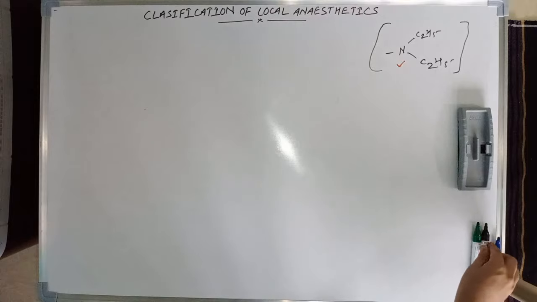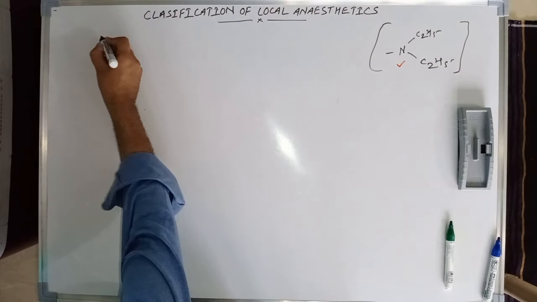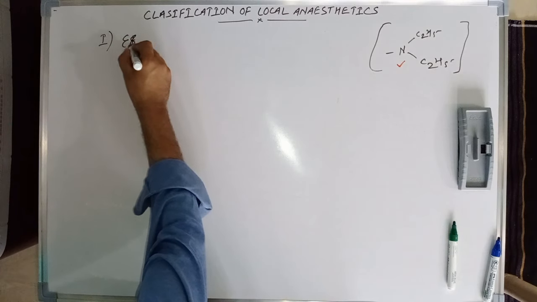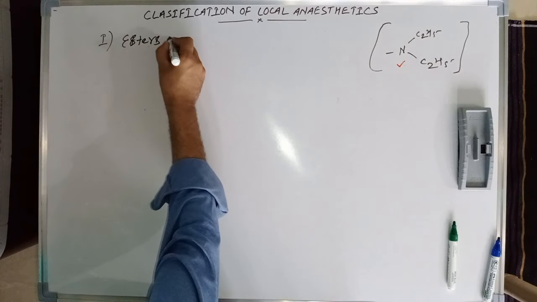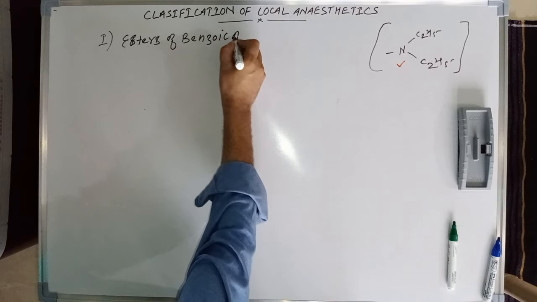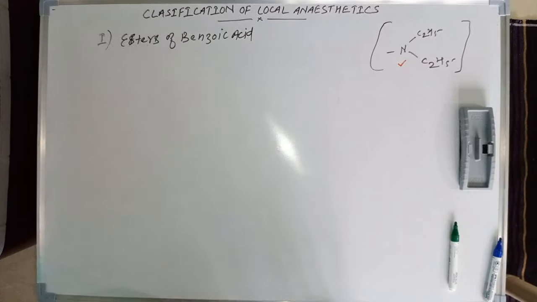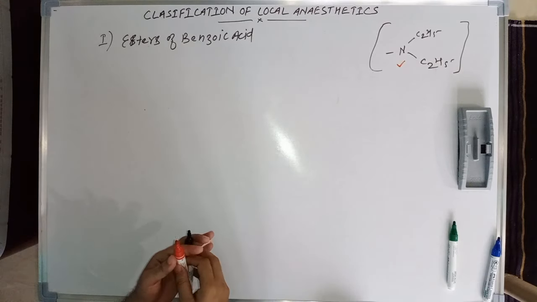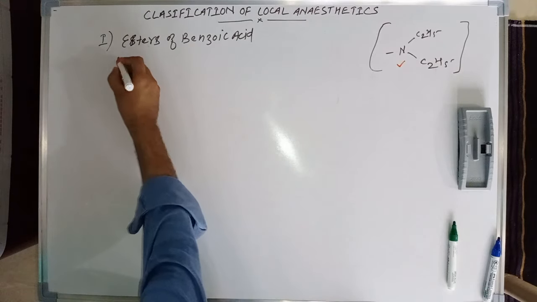The first class of local anesthetic category is esters of benzoic acid. Esters of benzoic acid are again divided into two classes.